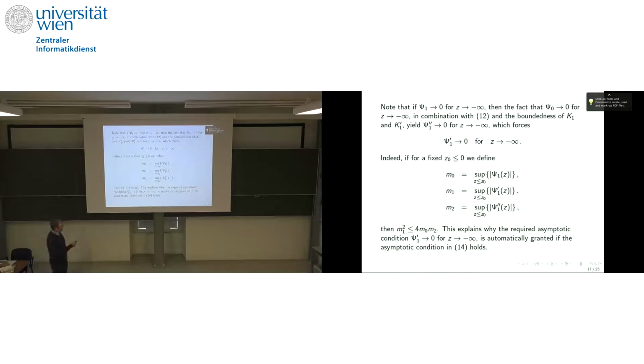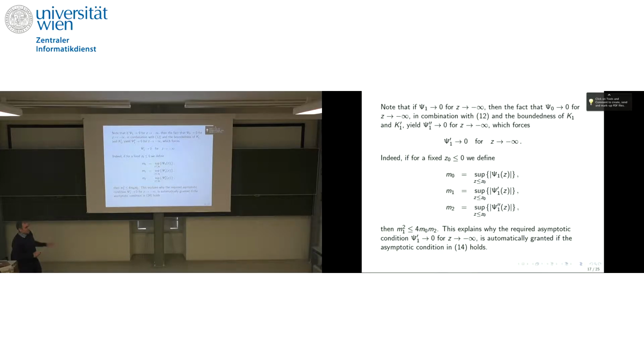And this is because there is a nice inequality that you can prove using Taylor expansions, namely, if m0 is the supremum of the function, m1 is the supremum of the absolute value of the derivative, and m2 the supremum of the second derivative, then you have this squared is less than this. What this means is that if both of them go to 0, then this has to go to 0.